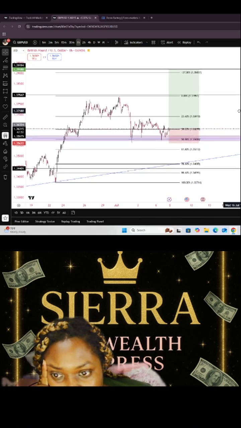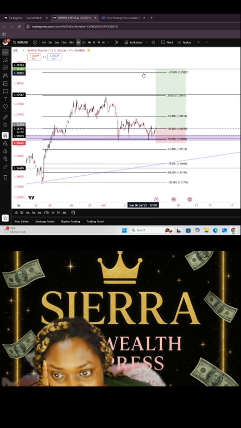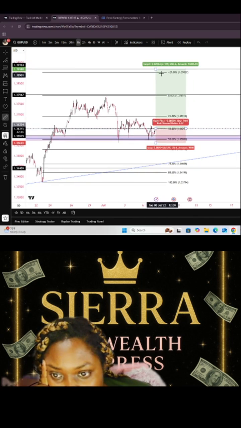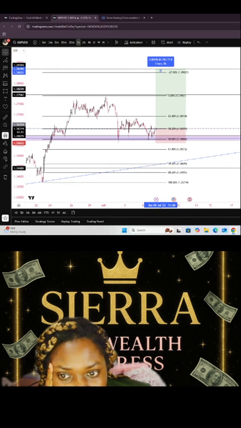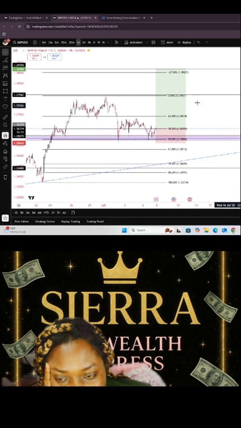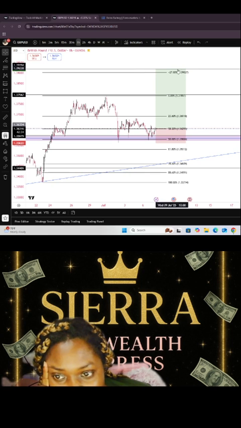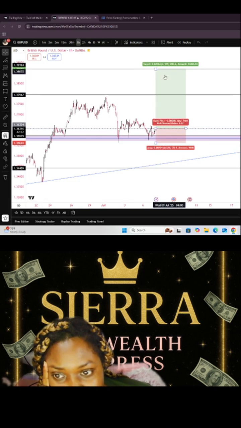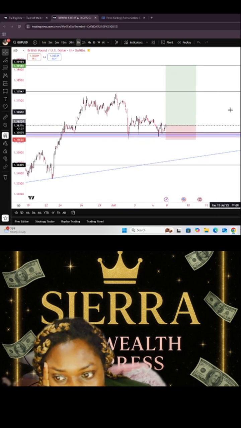GU right here, we have the negative 27, but there's a zone 17 pips above. Am I going to get those extra 17 pips? Heck yes, because it's coming to this zone. And it's a higher time frame zone too. Price is like a magnet to these zones, okay?